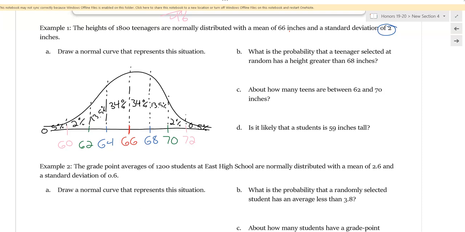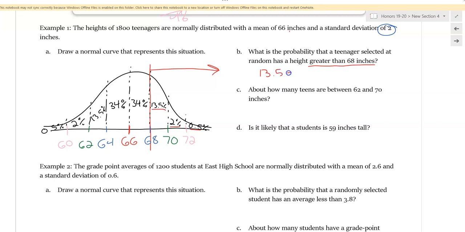Then part B asks, what is the probability that a teenager selected at random has a height greater than 68 inches? Okay, greater than 68 inches. Here's our 68 inches. Greater than is going to be this way. So I'm going to take all of these percentages. I have 13.5, 2, and 0.5.